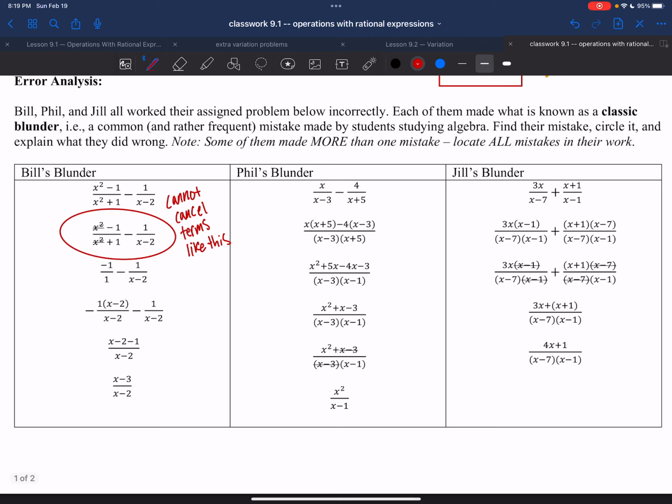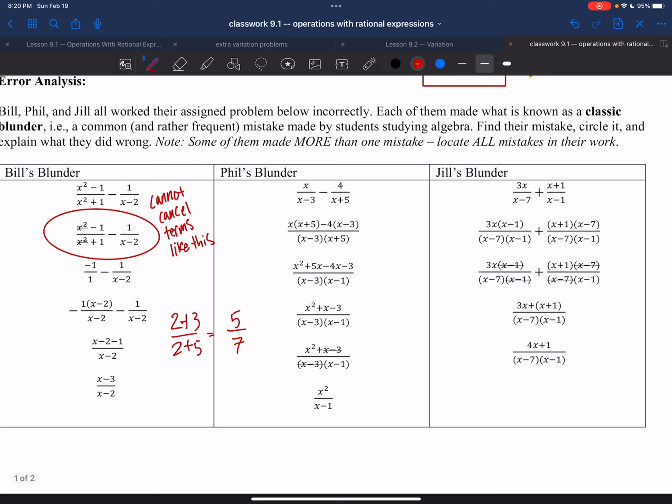Look, here is the fraction 2 plus 3 over 2 plus 5. Now you know that 2 plus 3 is 5, and 2 plus 5 is 7. So I know that this comes out to 5/7. But if you use this rule of canceling out common terms on top and bottom, and you said, oh, well, 2 and 2 divide, so then it's just 3 over 5.